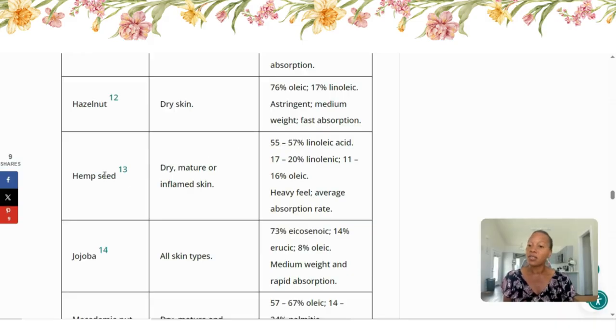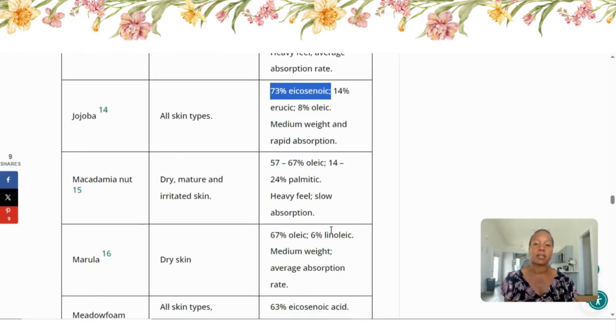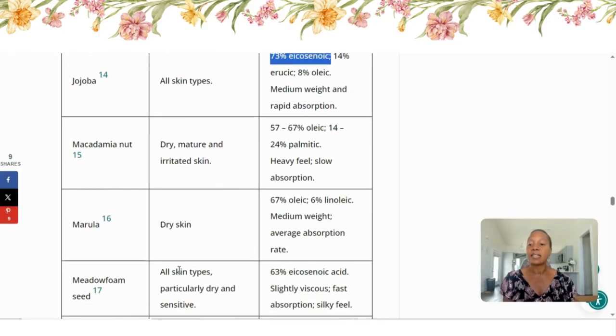Hemp seed oil, another good oil, heavier, can have a little bit of a strong scent, but hemp is very, very nourishing. So another one to consider trying. We've got jojoba oil, which has 73% eicosenoic acid, so it's the one that's most said to be similar to our sebum. Another oil that is not often talked about, and I don't know why, is meadowfoam seed oil.